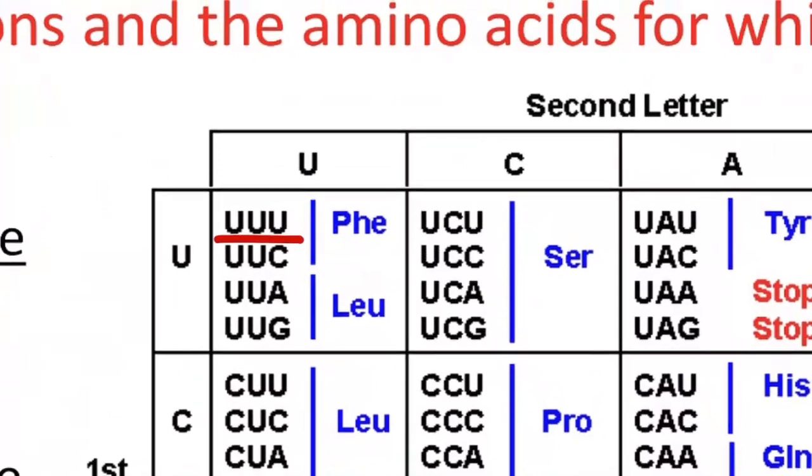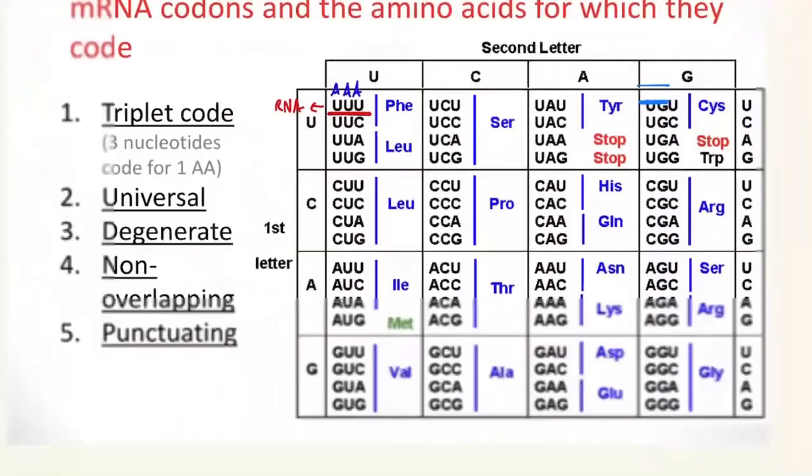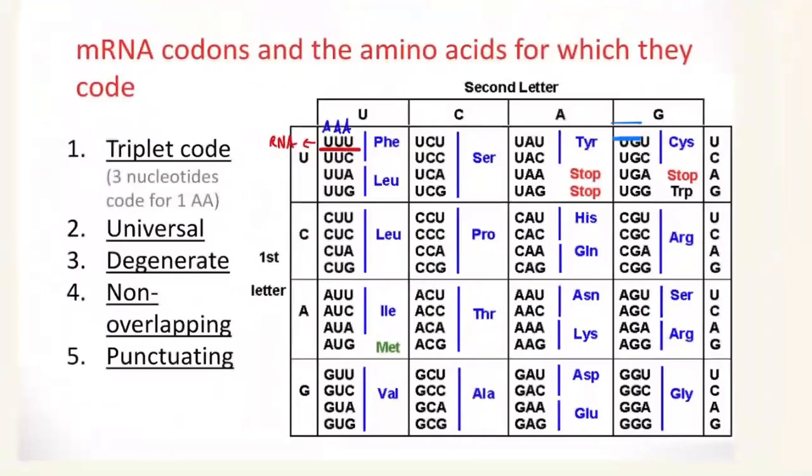Yes, Alia. Which base will pair with U? If we say this is RNA, we make a DNA from it. So miss, it would be A. A. Okay? I only did this so you understand what I am actually trying to tell you.